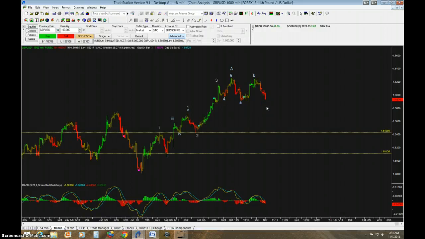And like I said, I think that's going to take us, probably maybe even as far down as 158 or something like that. So the count would look a little something like this. You're going to have a 1, then you're going to have a 2, then of course a 3, 4, and 5, and I think that that's going to bring us below 154.28 and probably above 151. It'll come down to this zone, and then it's going to retrace long.